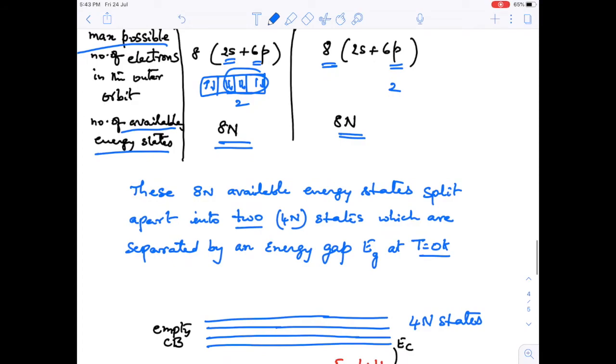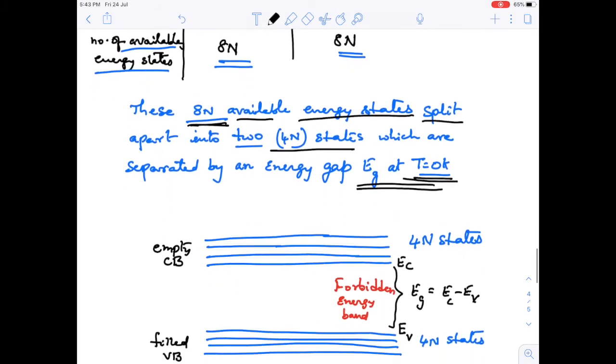These 8N available energy states in semiconductors can generally form a single band, all 8N, or they can split into 2 parts. In semiconductors they split into 2 parts of 4N states each, separated by an energy gap at absolute zero. Absolute zero means T equal to 0 Kelvin.